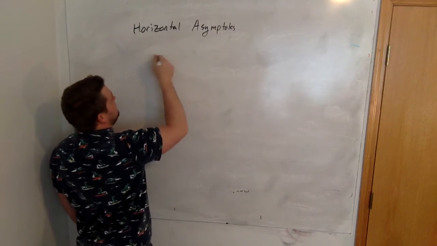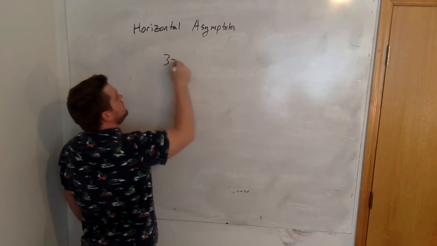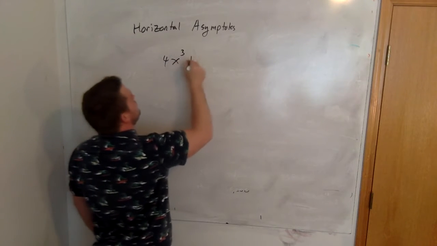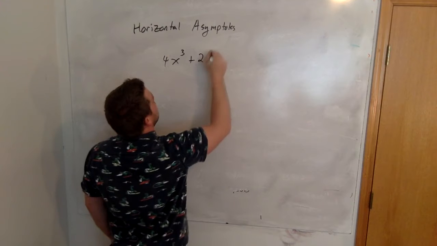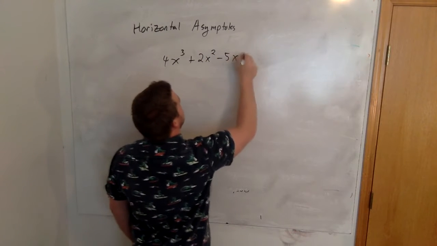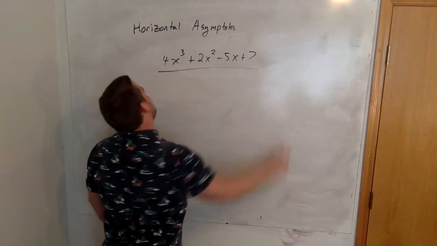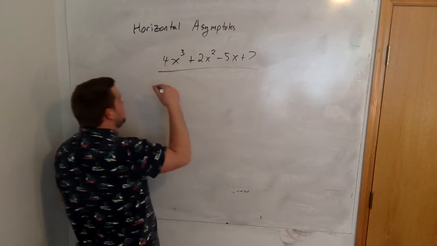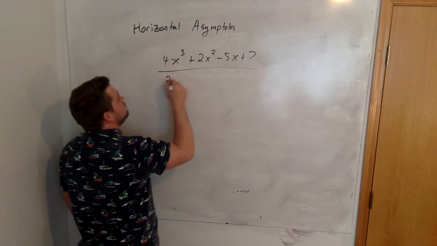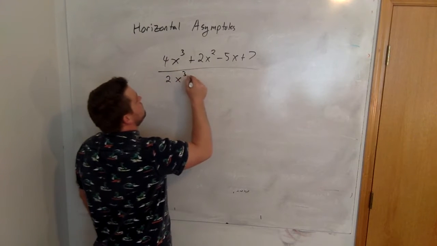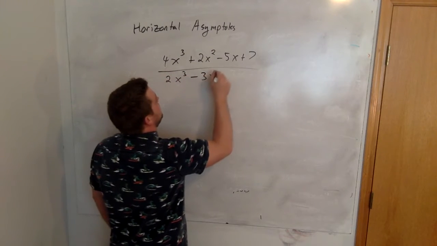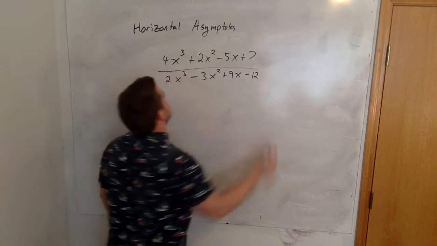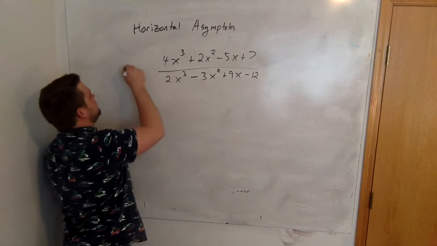Let's say we have something like 4x cubed plus 2x squared minus 5x plus 7, all divided by 2x cubed minus 3x squared plus 9x minus 12. This is a rational function.